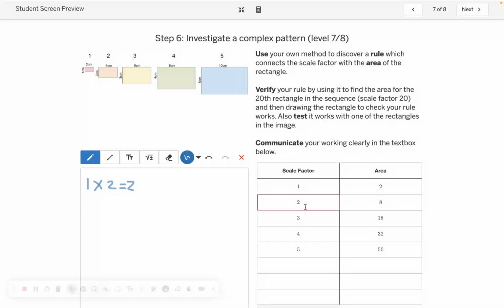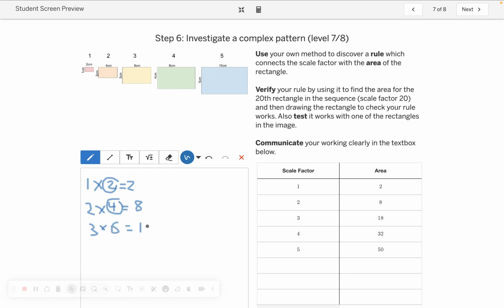Now the scale factor, which is 2 for the next one, to get 8, I need to multiply this by 4. It's quite different from the original pattern because you're not really multiplying by the same number: the first number was 2, the second number was 4. But let's try the next one. 3 multiplied by 6 actually gives me 18.